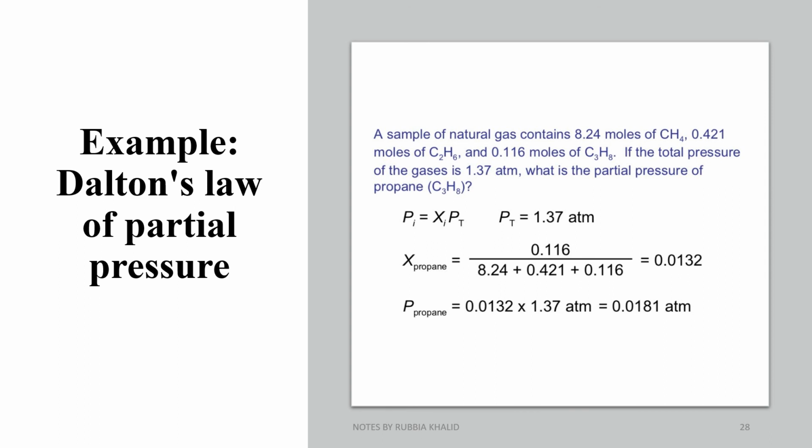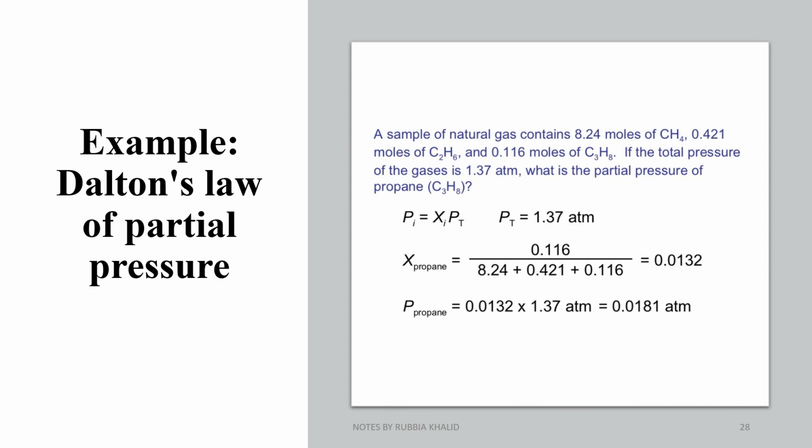In order to calculate the partial pressure, we're going to put propane on top, which is equal to 0.116 moles, and for the total, we're going to add all the numbers of moles given in the question, which is 8.24 plus 0.421 plus 0.116.